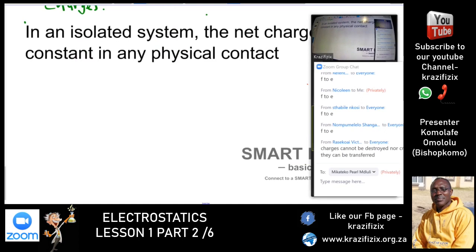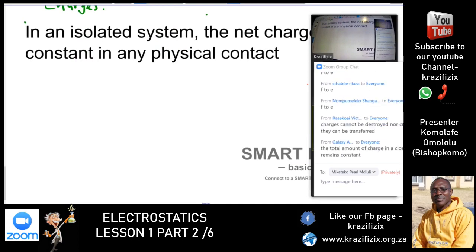It means the net charge remains the same in any physical contact. The total amount of charge in a closed system remains constant.